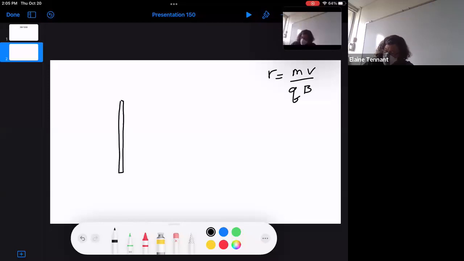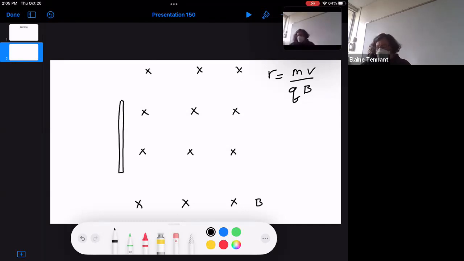So let's say that I made a magnetic field in a region. I probably have a vacuum tube here that I have vacuumed out, and I've put in a magnetic field that for this example is going into the page in the negative z direction.